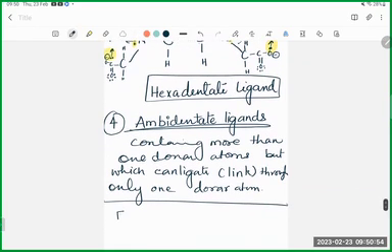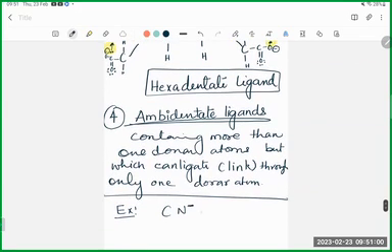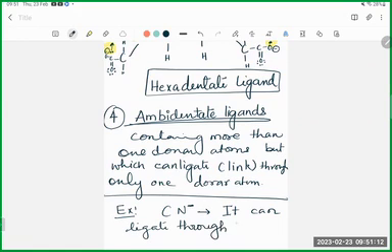So let's see the example, then it will be more clear to you. Cyanide ion. In the cyanide, it can ligate through carbon, and as well as nitrogen.